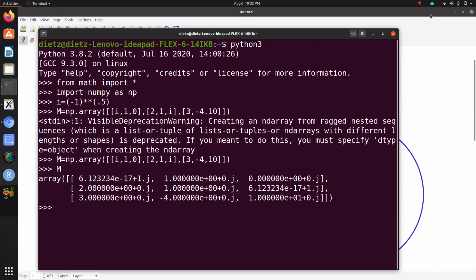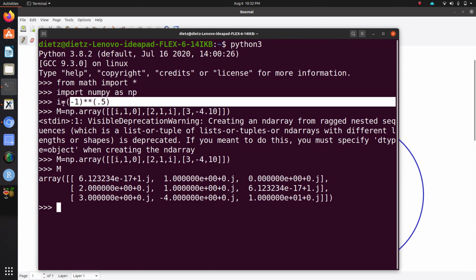Okay, typos aside, I've got M in here. Let's just double check that it's doing what I expected. The first component should be I. Notice I'm using my hack that I showed you before for I, because if I try to put the square root of -1 in there, it'll just choke on me, so I have to make my own copy of I, which is J, ironically.